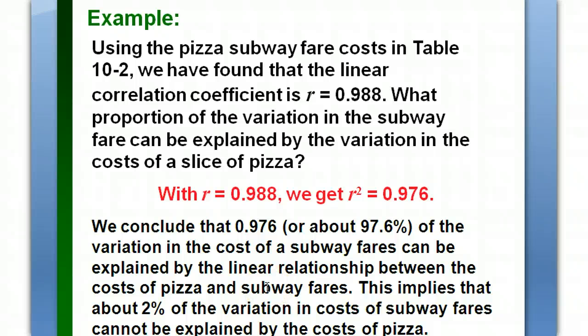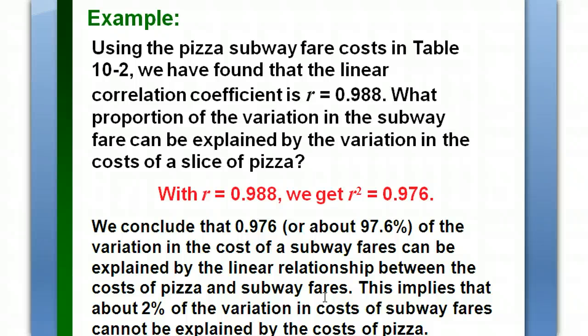Let me say that again to make sure you understand. We're saying that roughly 98%, 97.6% of how the cost of Subway fares changed over time can be explained by a linear relationship between pizza and Subway fares.